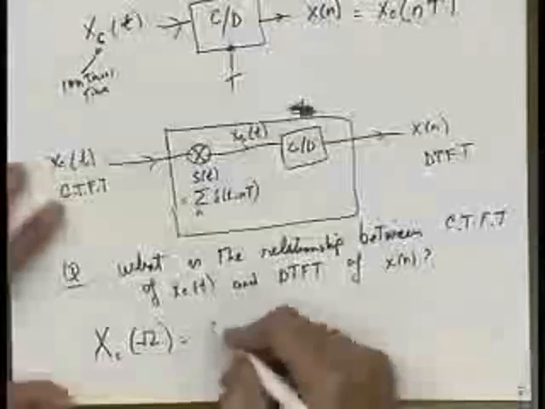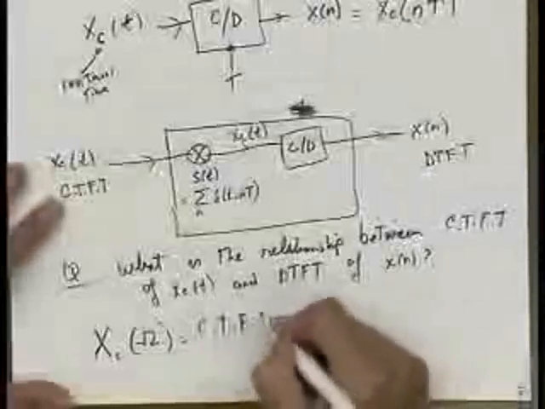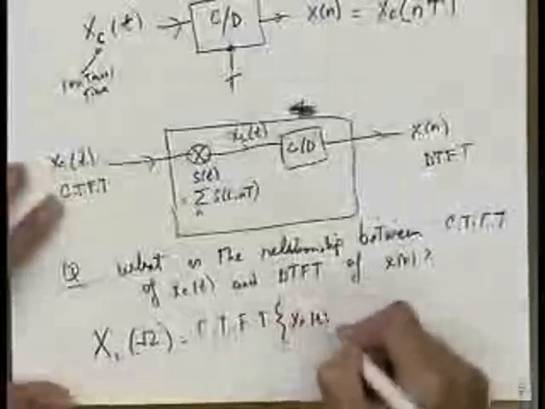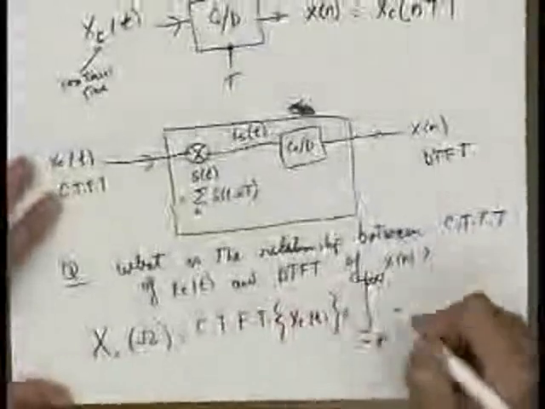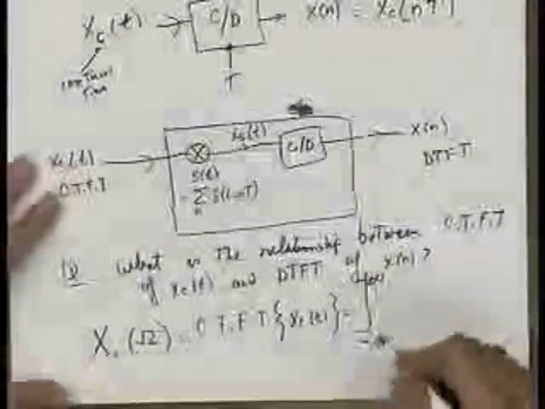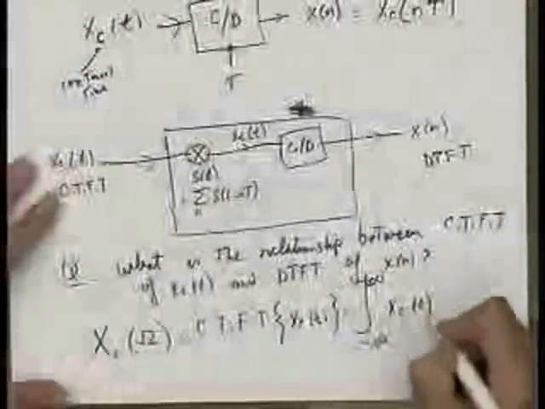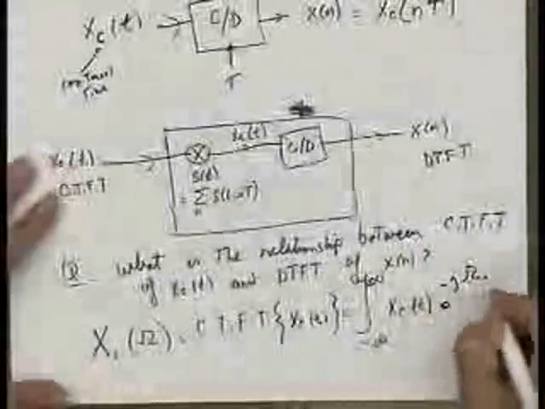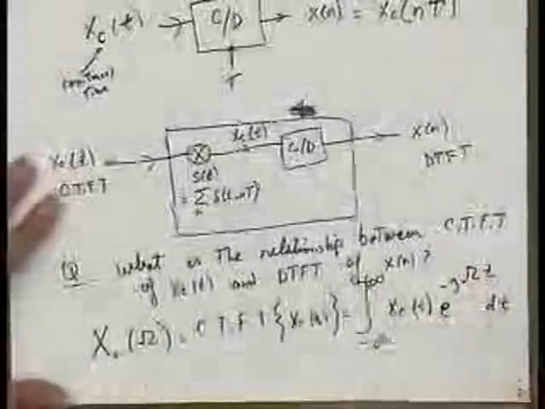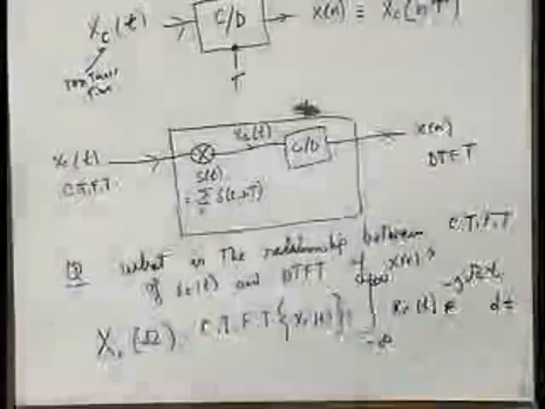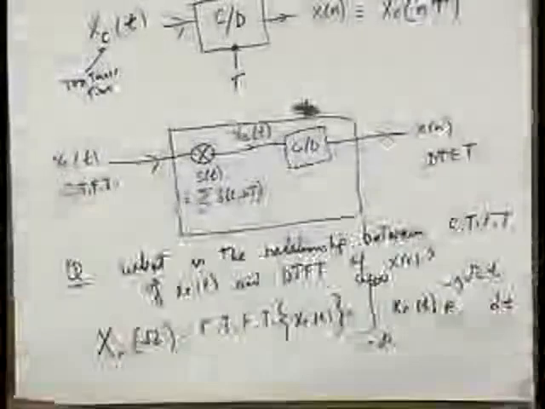We denoted it x sub c of capital omega, the continuous time Fourier transform of x sub c of t. It's given by the integral from minus infinity to plus infinity of x sub c of t e to the minus j omega t dt.